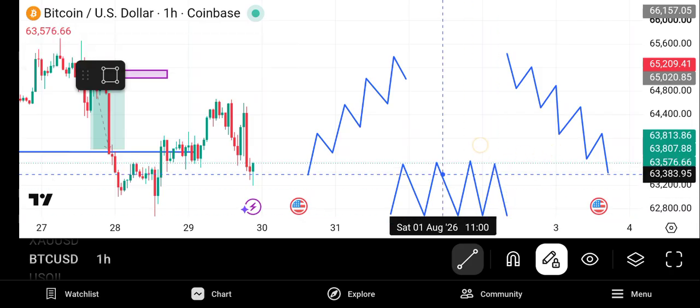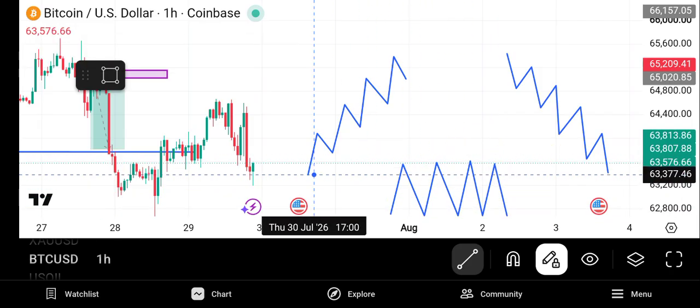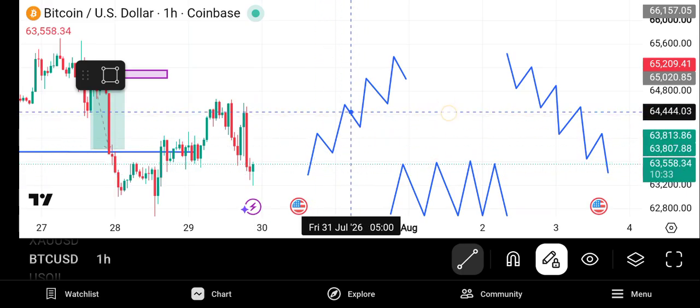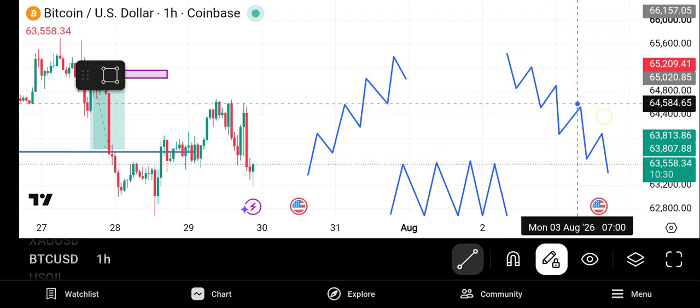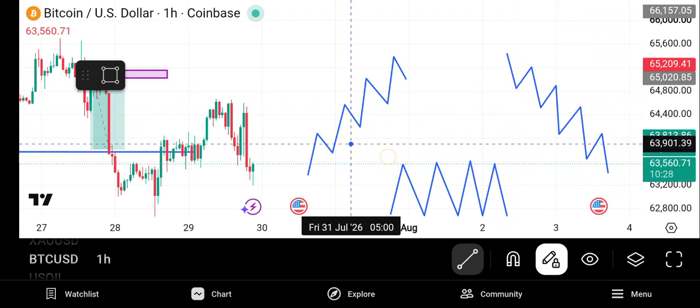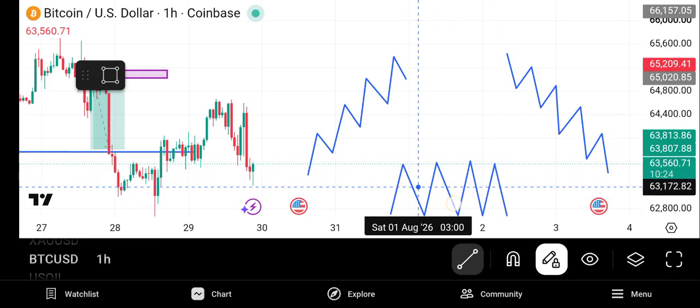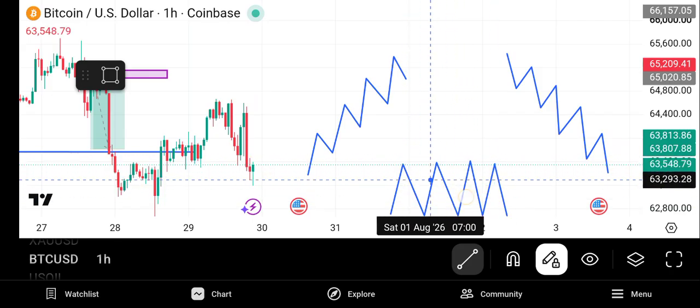So this is a ranging market or a consolidating market. In an uptrend, it means buyers are in charge of the market. In a downtrend, it means sellers are in charge. Uptrend means buy, downtrend means sell. A ranging market is when the numbers of buyers and sellers are equivalent.